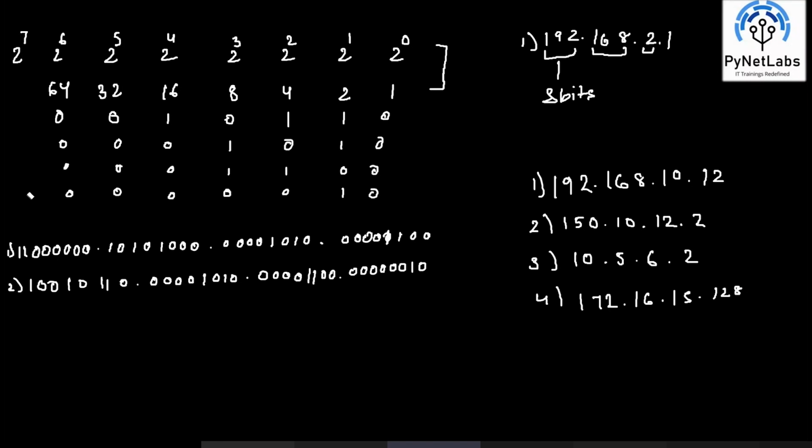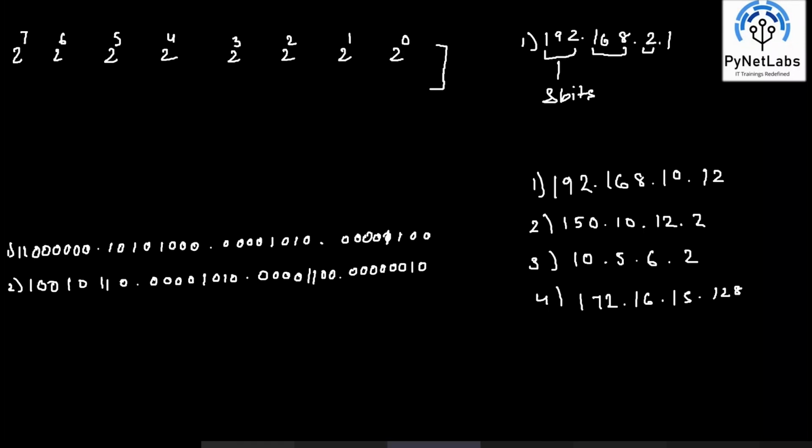Now let's look at the third one, which is 10.5.6.2. So the first one we have is 10. This is 1, this is 2, this is 4, this is 8, 16, 32, 64, and 128.